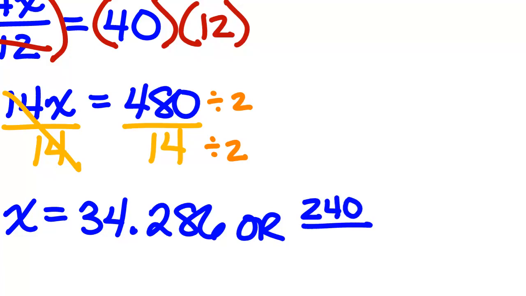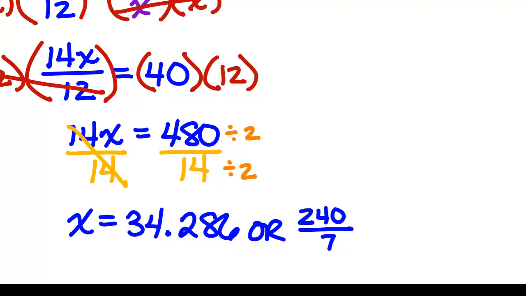What about 14 divided by 2? 7. And then I gotta see if that'll reduce any more. What kind of numbers go into 7? 7 and 1, right? I already know that 7 doesn't go into 240 because when we divided it on our calculator, we got this decimal right here. So that would be the fully reduced fraction form.